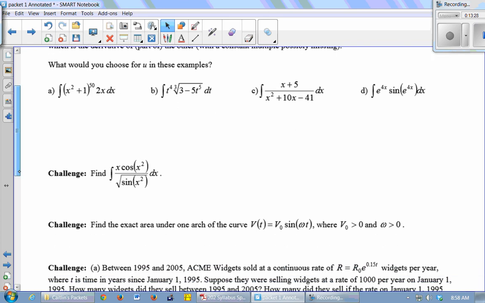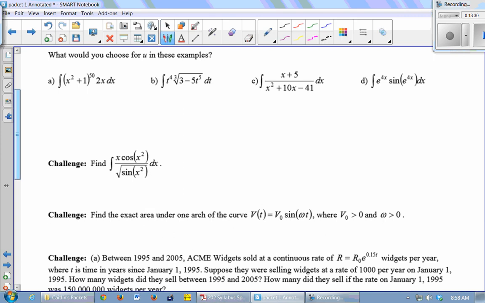So for example, what would you choose for u in each of these examples? Well, this first one we already did, right? We let u be x squared plus 1. In B, what would your first choice for u be? The stuff under the radical, yeah. Because you want to choose the most complicated thing you can, because you want to simplify it by replacing as much as you can with a u.